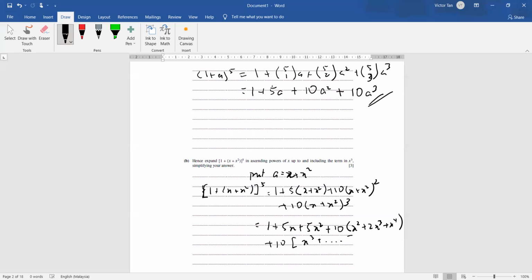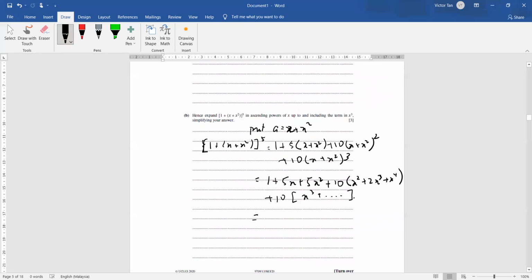The rest has a higher power than x cubed, so I'm just going to simplify it. 1 plus 5x, 5 plus 10 is 15x squared, 20 plus another 10 will be 30x cubed. That's it.